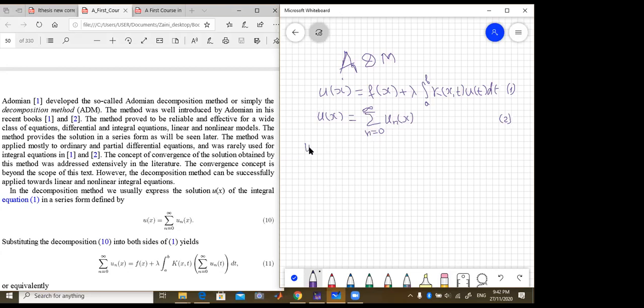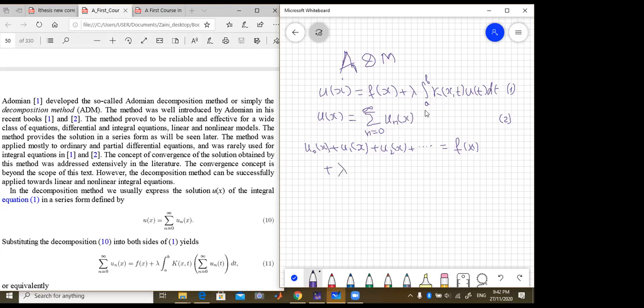On the left side, I have u0 of x plus u1 of x plus u2 of x plus, and so on, equal to f of x plus lambda, because this is a linear equation.